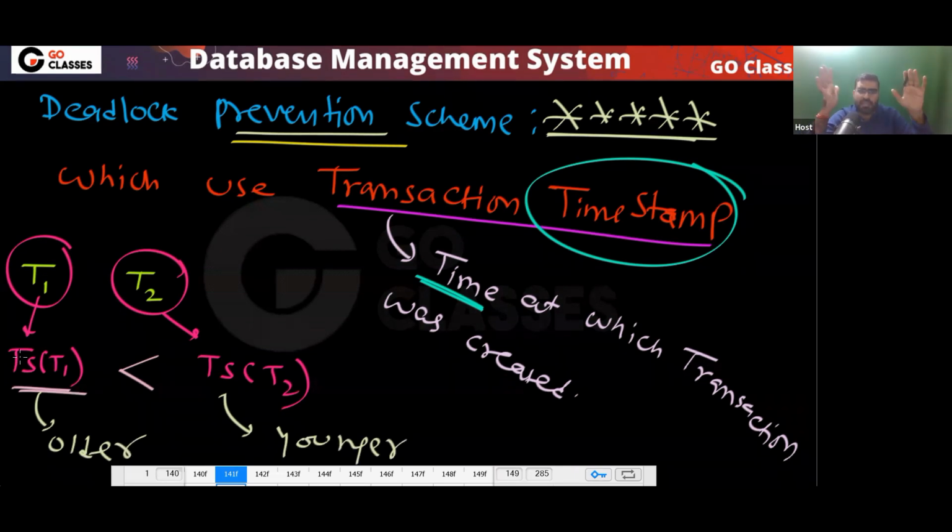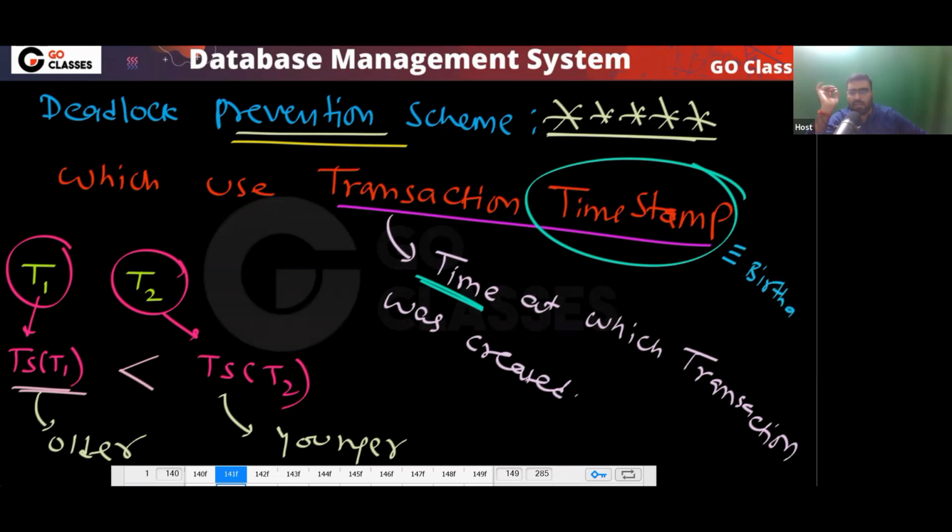When your transaction is created, at that time, whatever the time from the system clock is, you can assign it to the transaction as its timestamp. Like your birthday, timestamp is similar to your birthday.